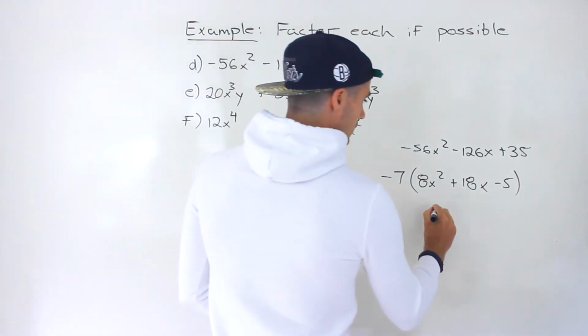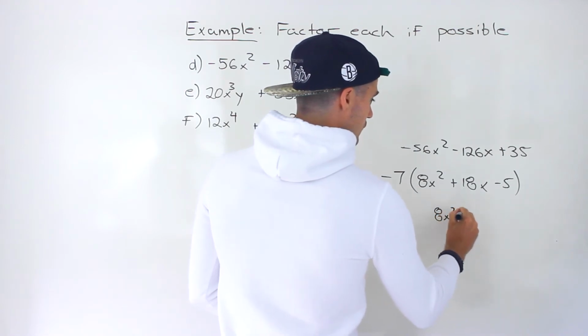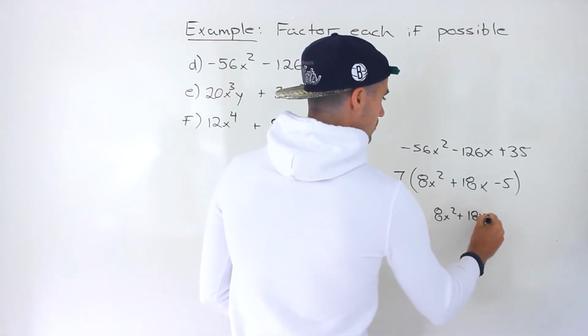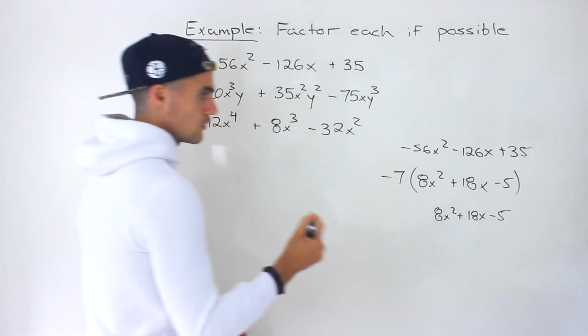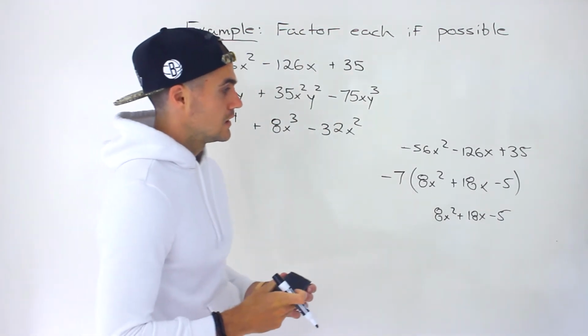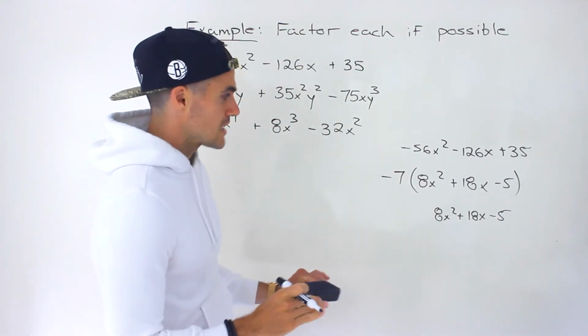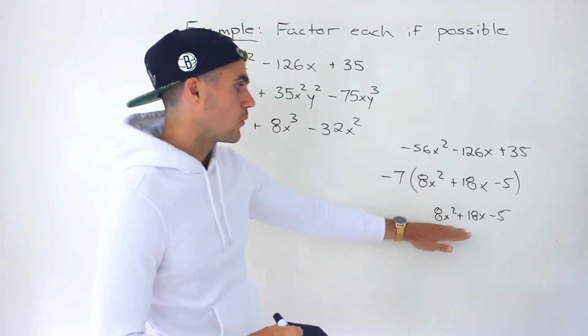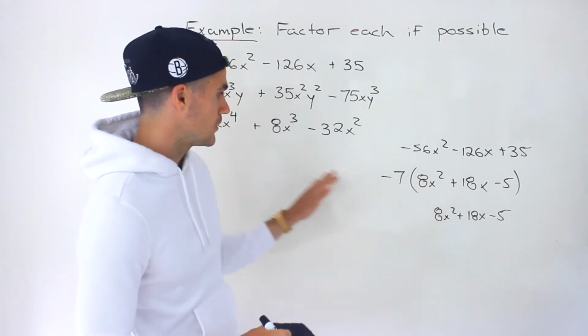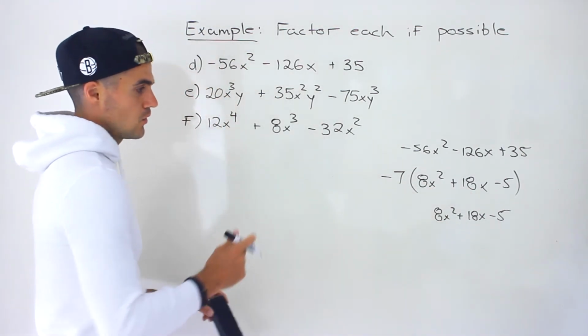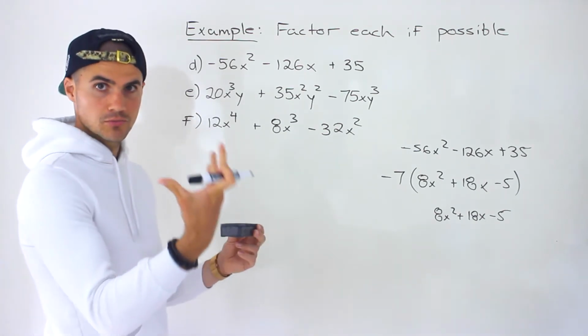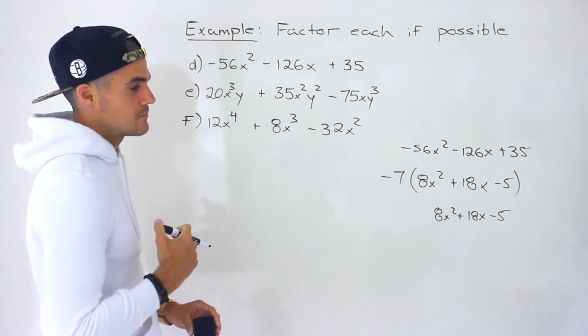Okay, and so from here, let's see if that remaining bracket, that remaining quadratic, will factor. Now, sometimes this remaining quadratic won't factor further, right? When you do the decomposition process, you won't be able to find two numbers that multiply to that AC value or add up to that B value.